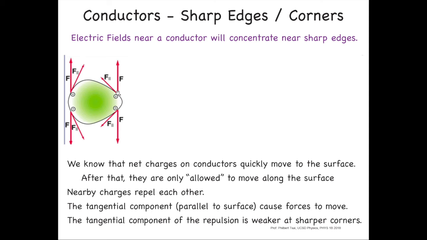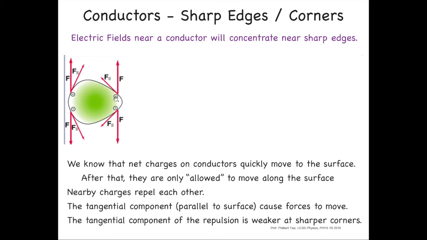On the other hand, over here, because of the sharpness of this, the tangential plane actually looks like this. It's more shallow. If you take it to an extreme, let's say that we had something that was really pointed like this, you can see that the tangential plane would almost be horizontal.